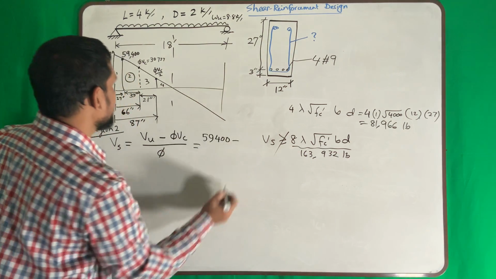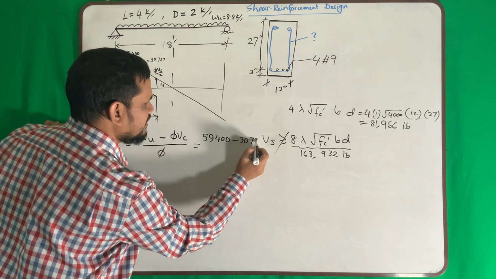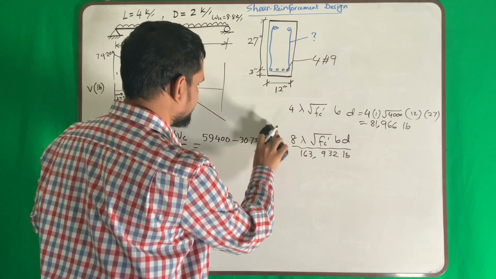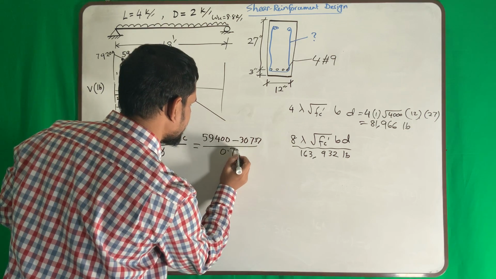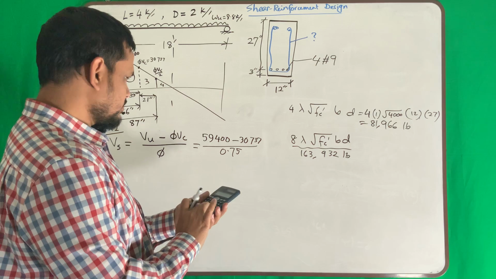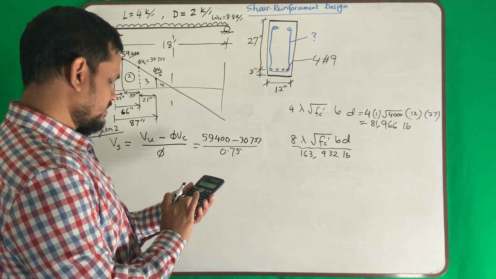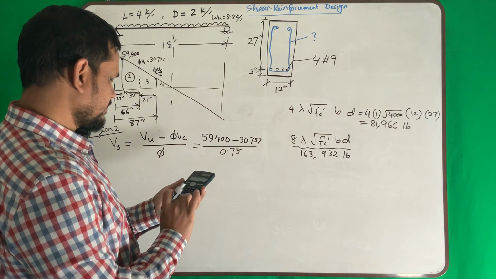So minus 37. I need some space, so I will erase this portion. Divided by phi is 0.75. So 37 divided by 0.75.